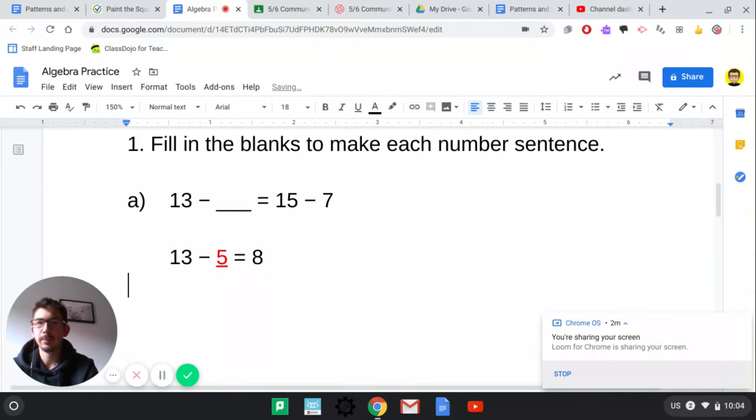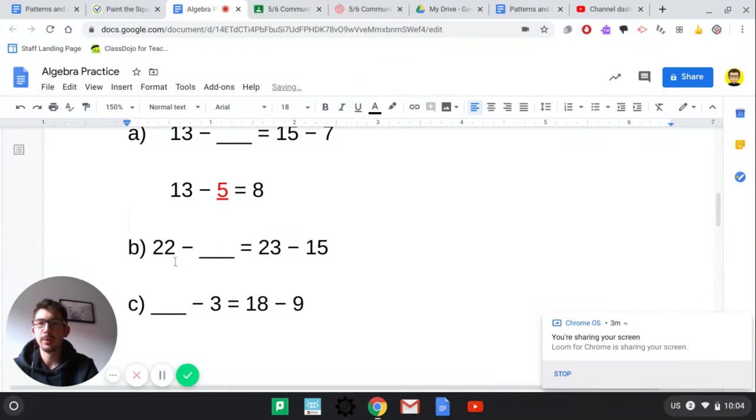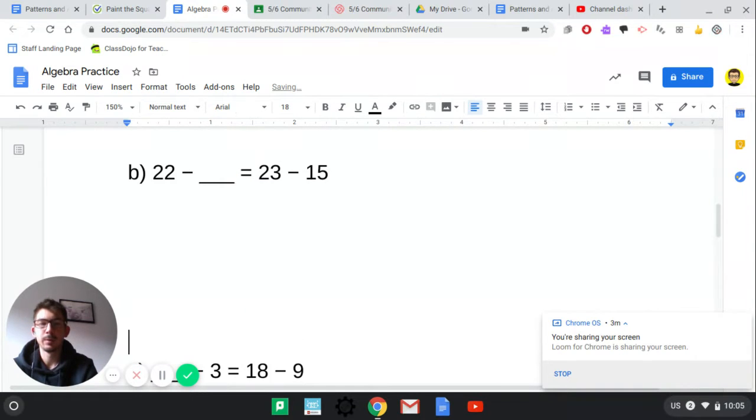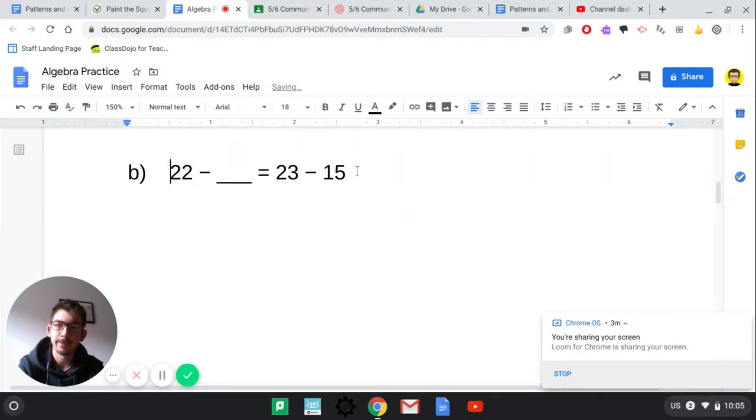Moving on to our next one. We've got 22 minus something equals 23 minus 15. Again, we're going to use what we already know, and we're going to do one side first, right? 23 minus 15. Again, I could use the number square.